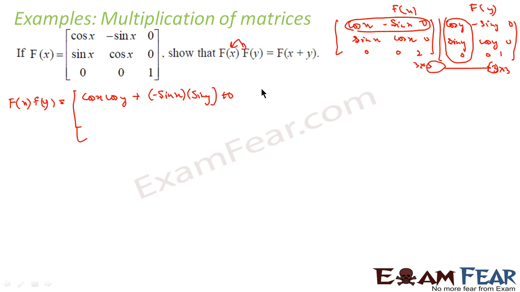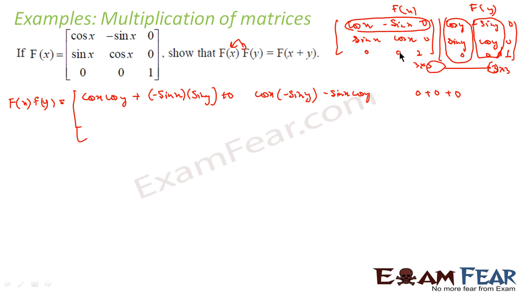So this will become cos x into minus sin y, minus sin x cos y, plus 0 into 0 I can ignore. The third will be the first row and the last column, that will become cos x into 0 plus minus sin x into 0 plus 0 into 1, which is 0.